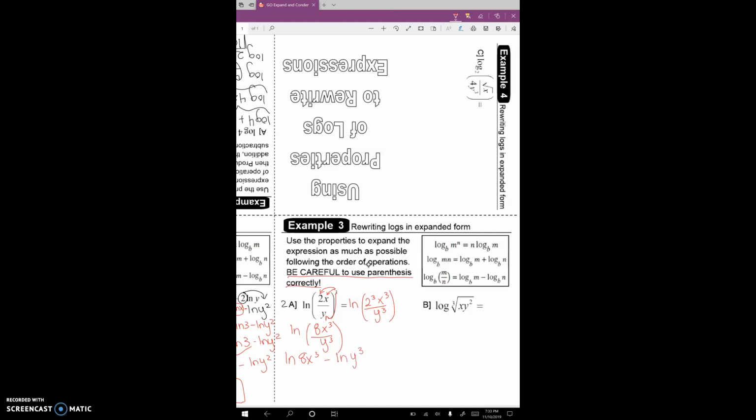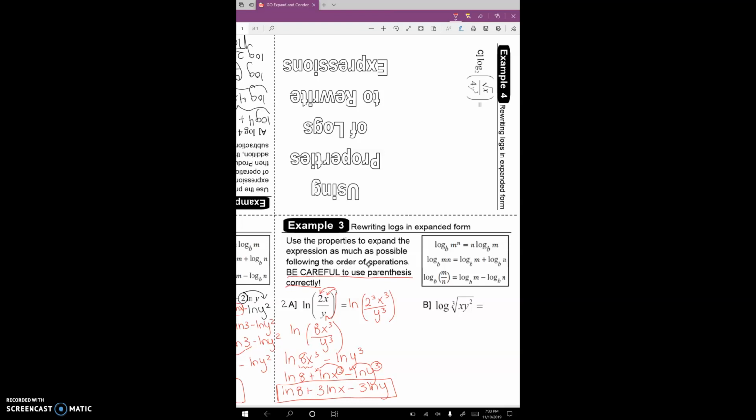I know that these two are multiplying, so those also become addition. And now I have powers, so the powers this time go to the front. So then I have 3 natural log of x minus 3 natural log of y, and nothing else can be expanded.